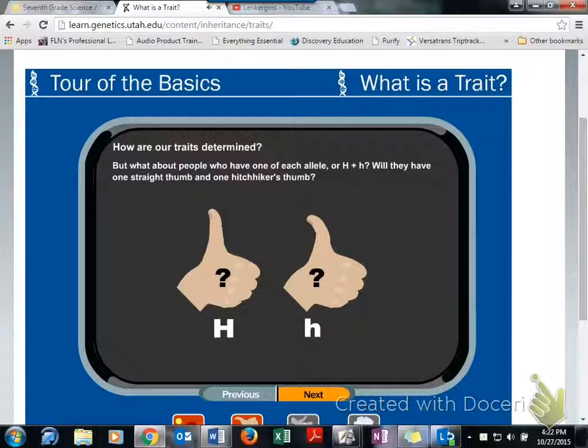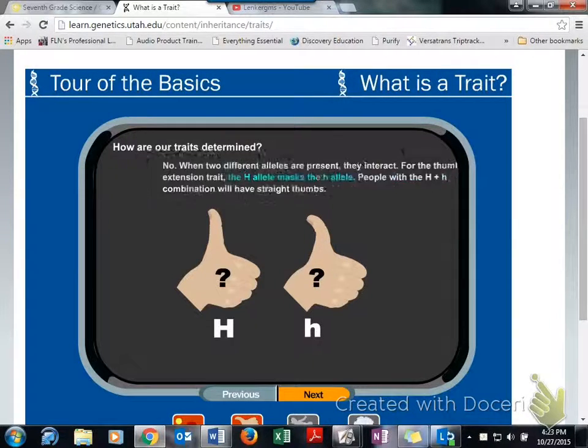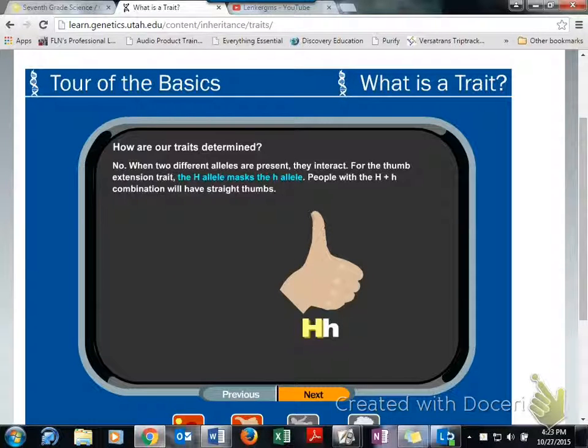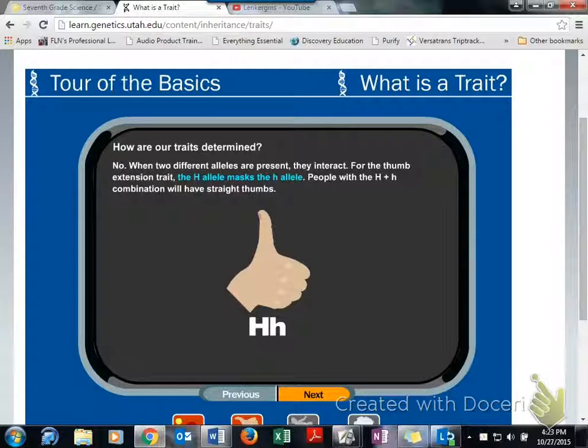But what about people who have one of each allele, or big H, little h? Will they have one straight thumb and one hitchhiker's thumb? No. When two different alleles are present, they interact. For the thumb extension trait, the big H allele masks the little h allele.